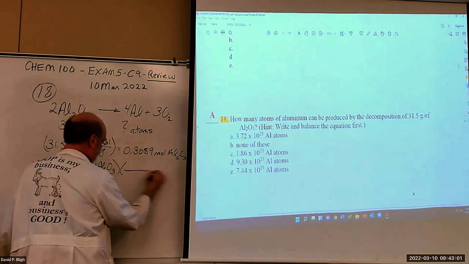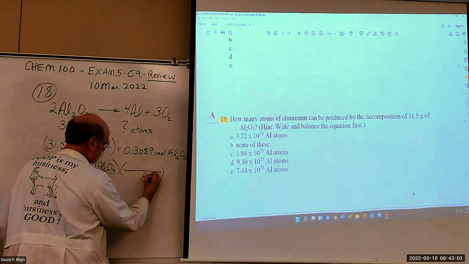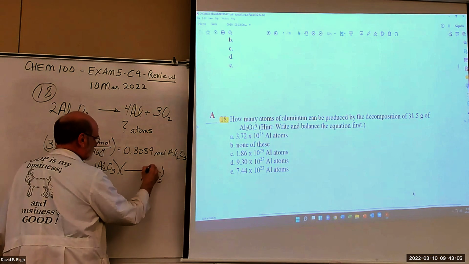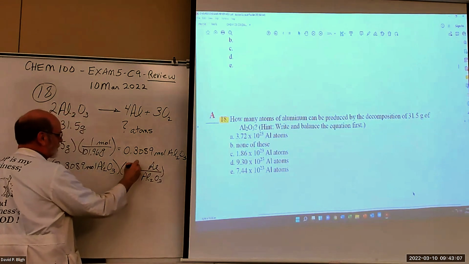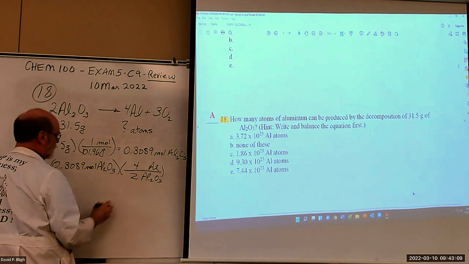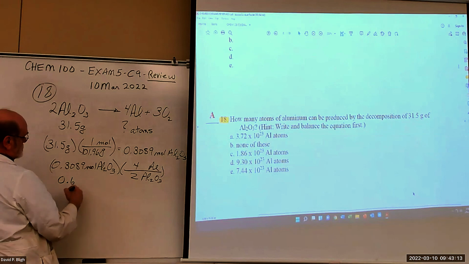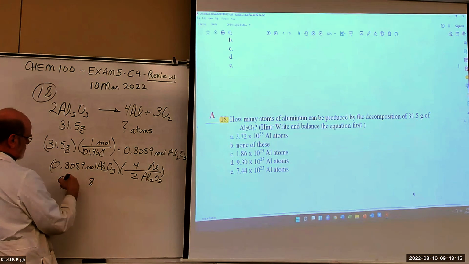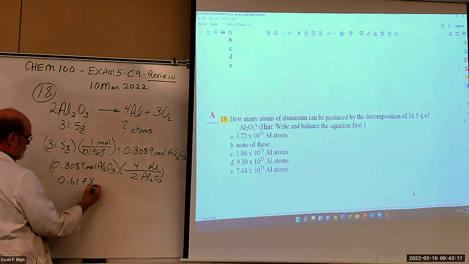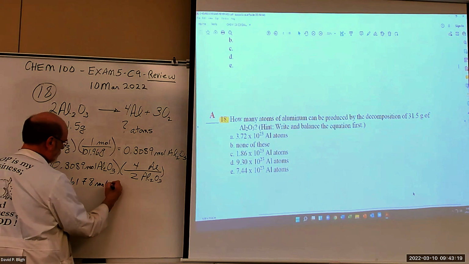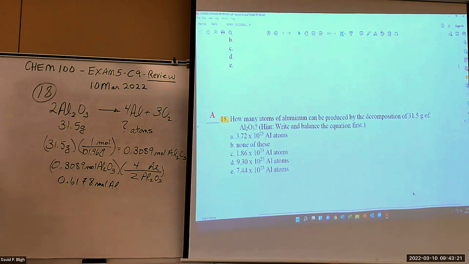Okay. Now skip the step. 4 there, 2 there. So this is going to be 0.6178 moles of aluminum. I think that's right.